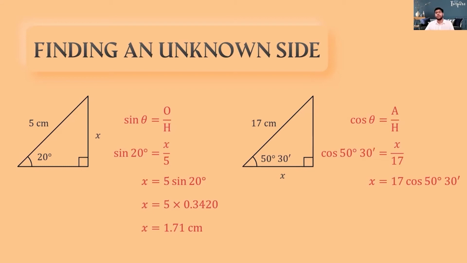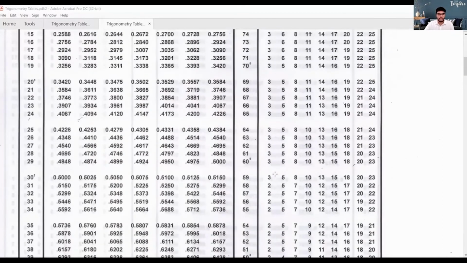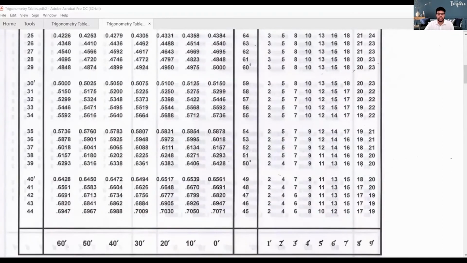Now we have to go back to our table and find the value of cos 50 degrees and 30 minutes. So children, here is cos. Remember, cos 50 degrees is here, right? And cos 30 minutes is here.